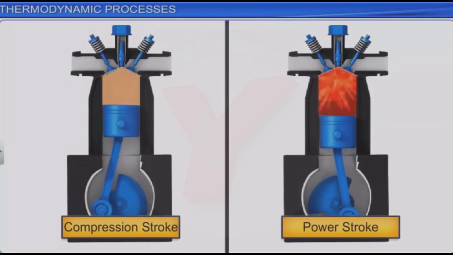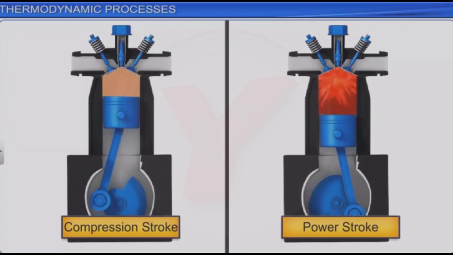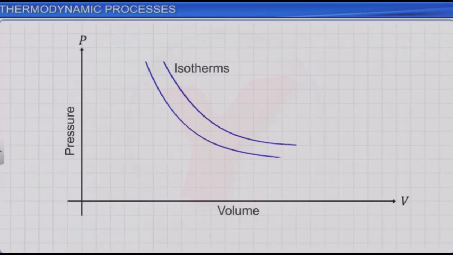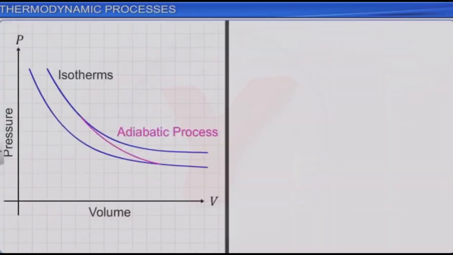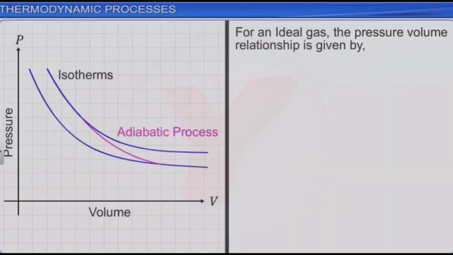The PV curve shows an adiabatic process connecting two isotherms for an ideal gas. For an ideal gas in an adiabatic process, the pressure-volume relationship is expressed as PV to the power of gamma is a constant.